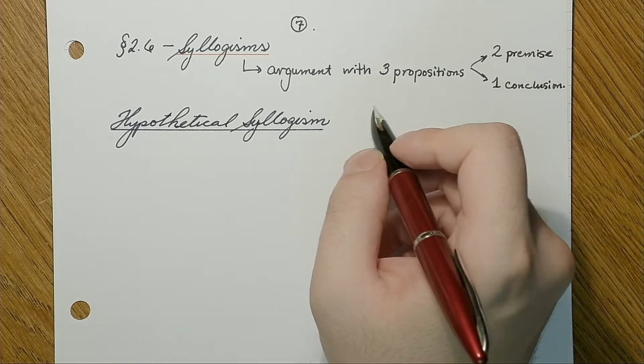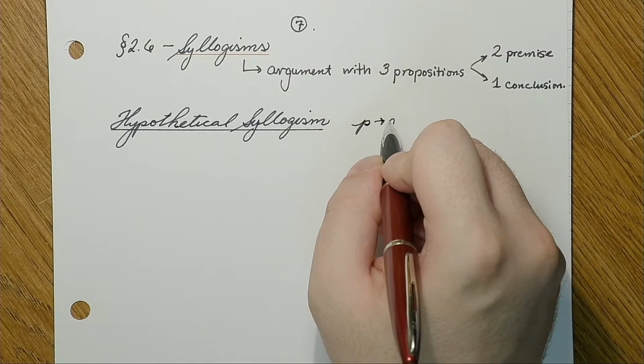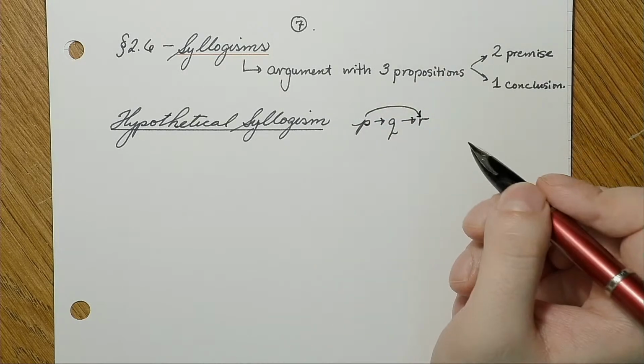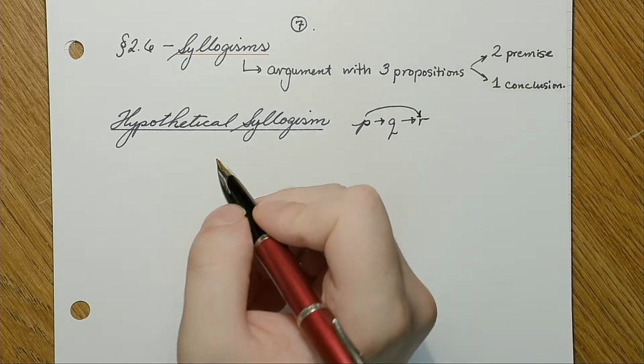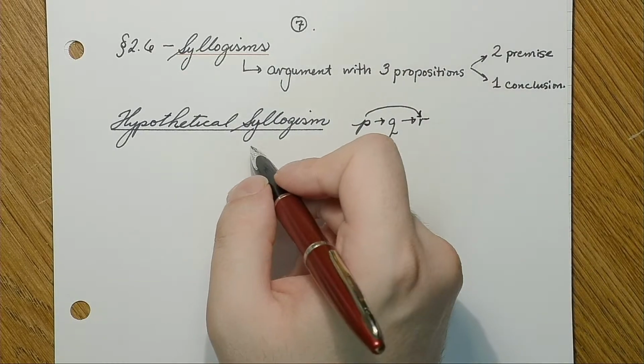Okay, so the way I usually think of it is it's by connection. It's usually P implies Q, Q implies R, therefore P implies R. It forms like a chain. So I will actually write that out.